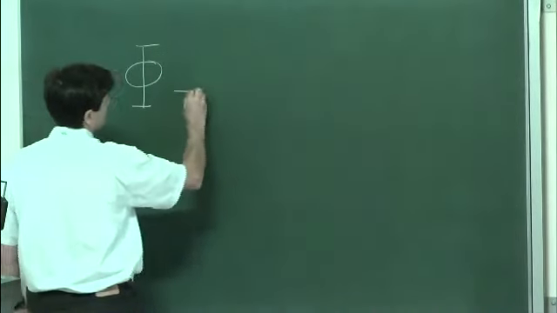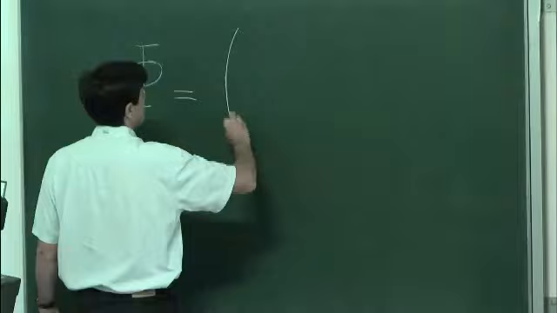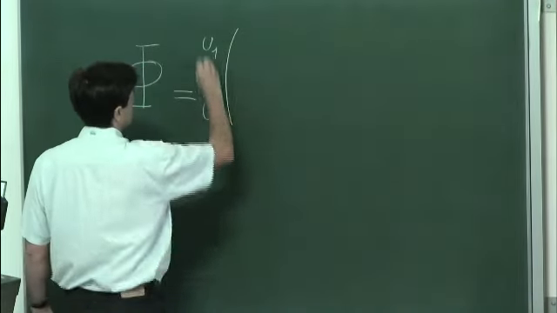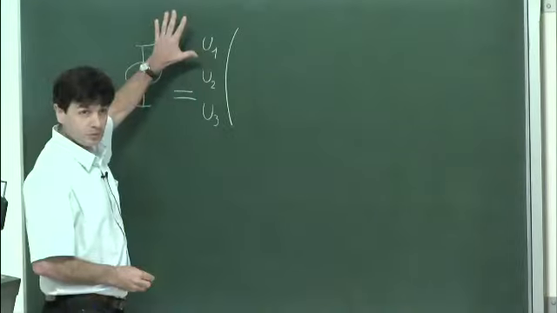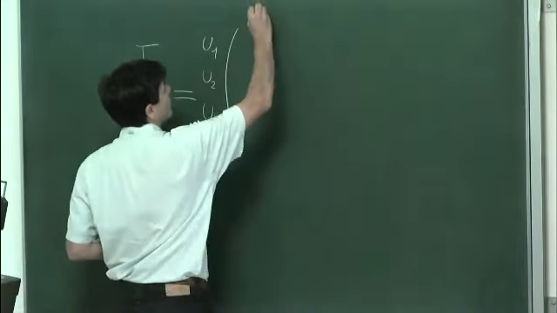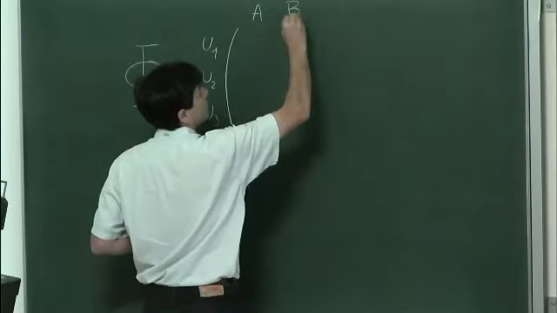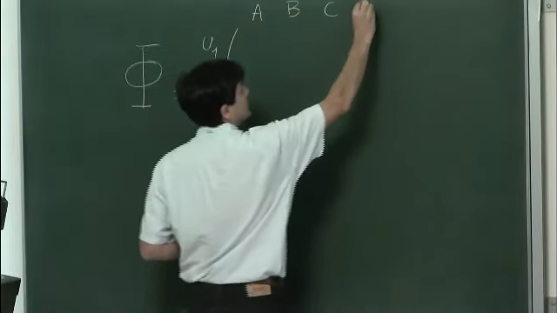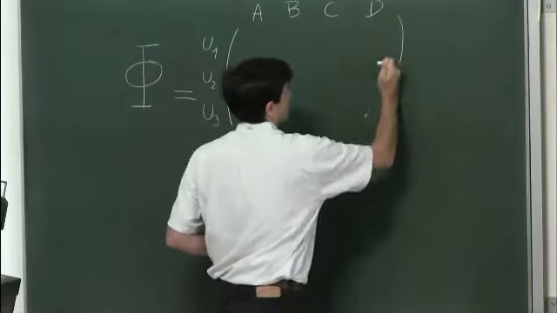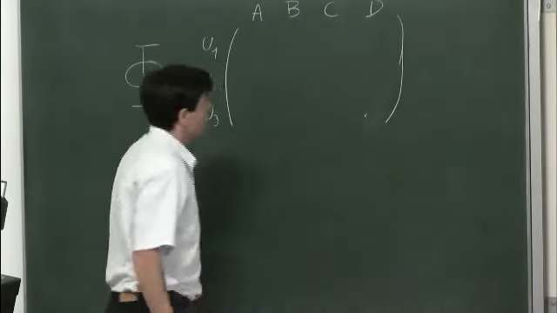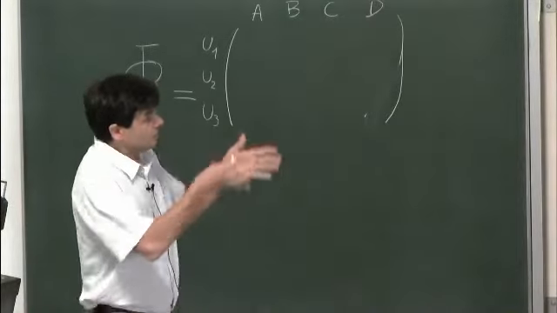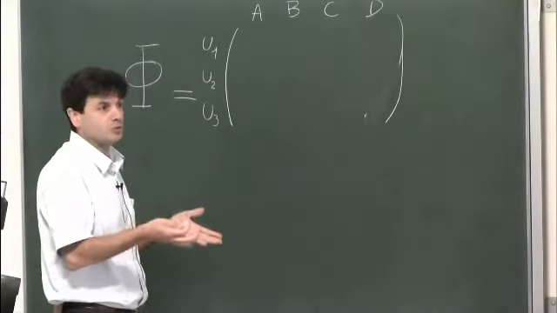We call it phi, in fact. So the rows are identified to the unit factors, which I call U1, U2, U3, and the columns are identified to the treatment factors, A, B, C, and D. So A, B, C on the design are exactly the same as U1, U2, U3.